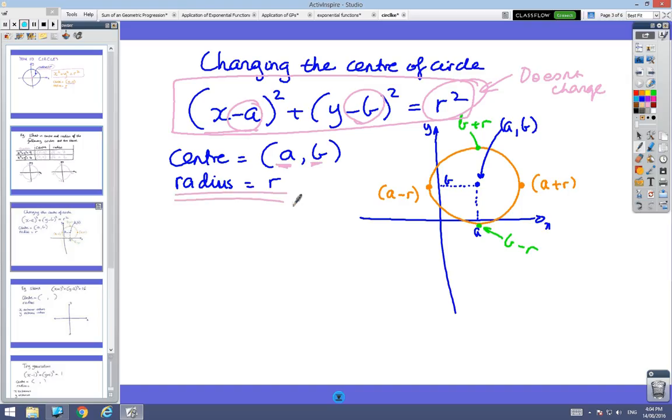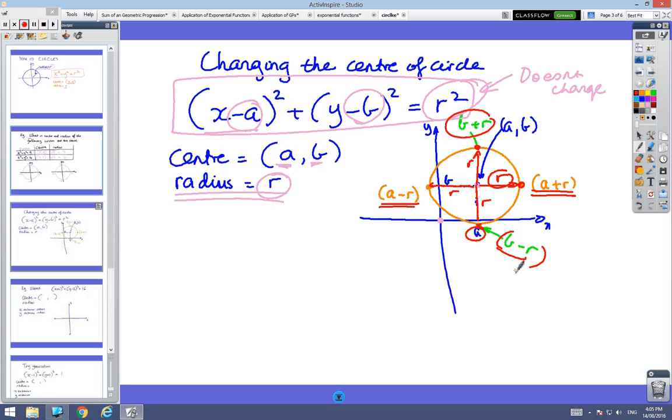Instead of the center being at 0, 0, we've moved it to a, b, and we're going to go r each way: r this way, r that way, r that way, and r that way. So this value starts at a and adds r, so it's a plus r, this value will be a minus r, this value will be b plus r, and this value will be b minus r. Once you've got the center, you just add the radius in all the directions.